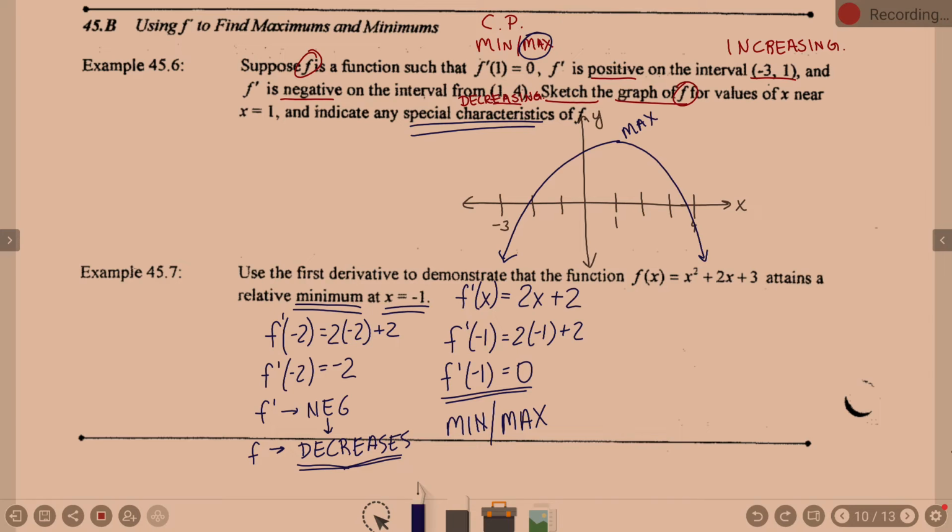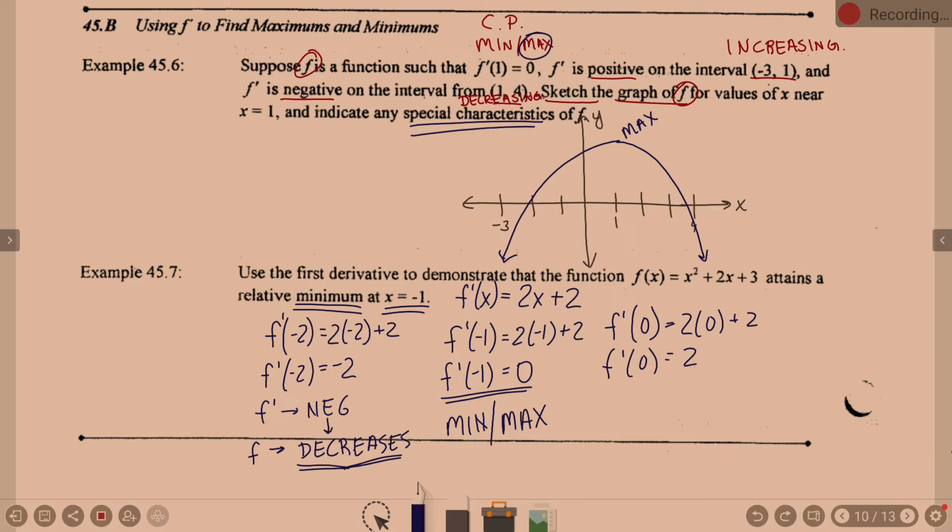So now we have to pick a point to the right of negative 1. I'm just going to pick 0. I like using 0 anyway. 2 times 0 plus 2, so my derivative at 0 is 2.